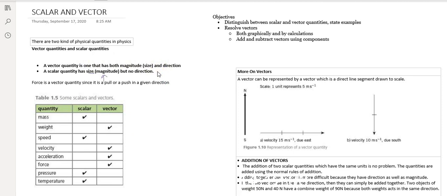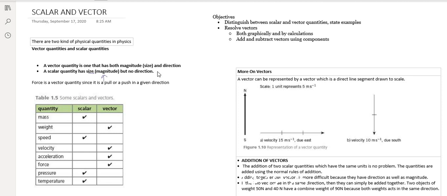When we talk about vector quantities, as you would have known already, it is any quantity where, when you take the measurement, you get a magnitude, or size, and a direction. When we talk about magnitude, we're talking about a number.